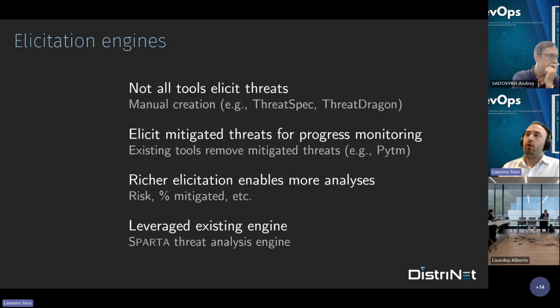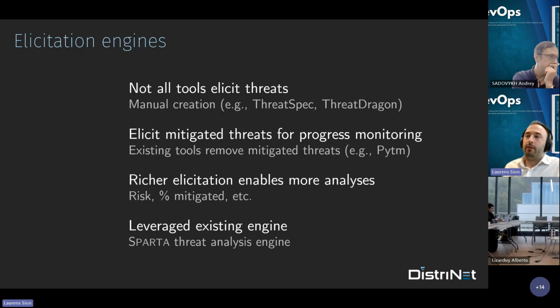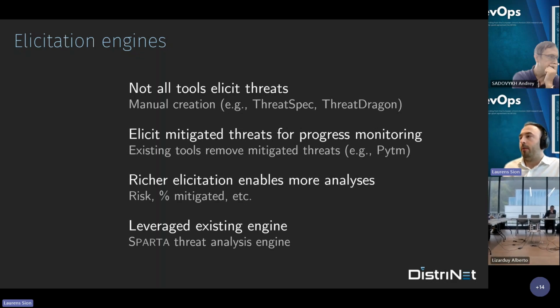So as I mentioned, we need some kind of threat modeling tool to automatically apply in this context. And as I've mentioned, the manual tools, of course, cannot be used here. The same problem occurs with some automated tools if they remove mitigated threats, because we don't have this information anymore to keep track of the progress that we're making.